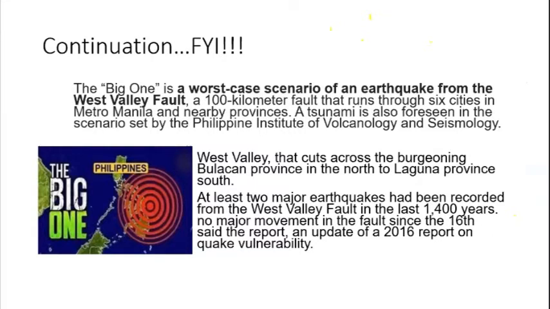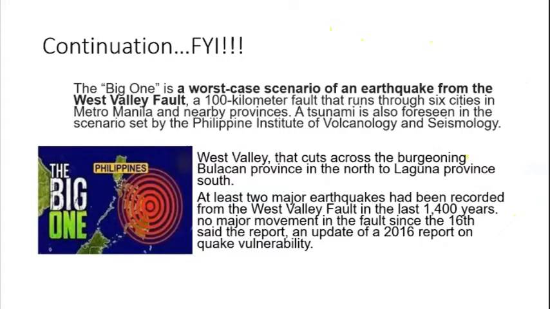It is a 100-kilometer fault that runs through 6 cities in Metro Manila and the nearby provinces. As well, a tsunami is also foreseen in the scenario set by the Philippine Institute of Volcanology and Seismology. The West Valley Fault cuts across, take note of the places, the Bulacan province in the north to Laguna province in the south.